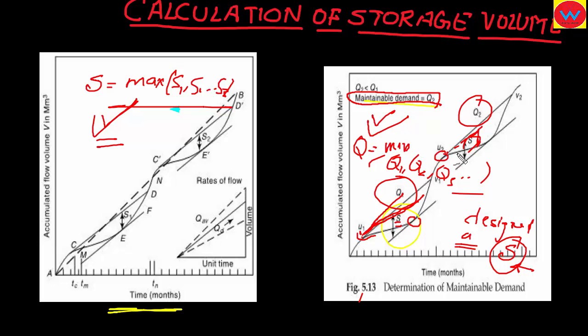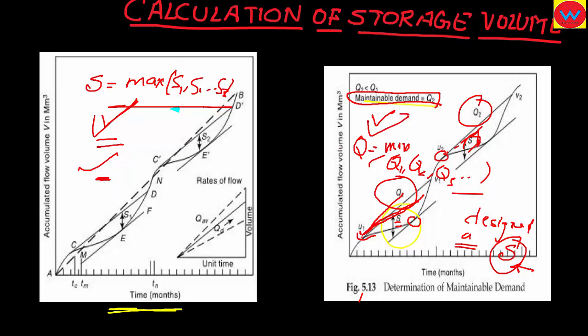So if you take one thing as your constraint, you can calculate the other thing. Here storage was not our constraint. Here we have to fulfill the demand, but here we have to take into consideration that storage is fixed. Therefore these two concepts are important.